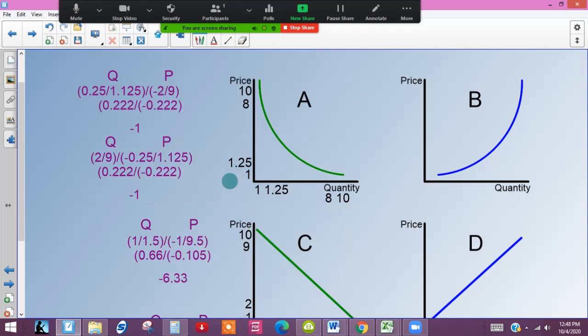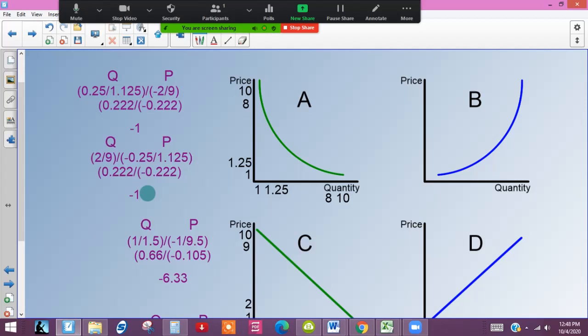And I won't run through this whole thing again, because it's just the opposite of what I did up here. I just switched it around, and you end up with a price elasticity of demand of the absolute value of -1, which is 1.